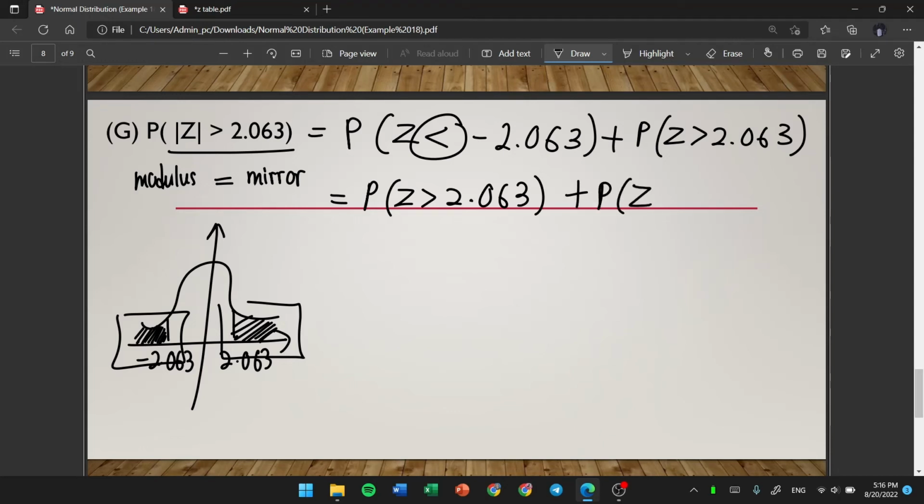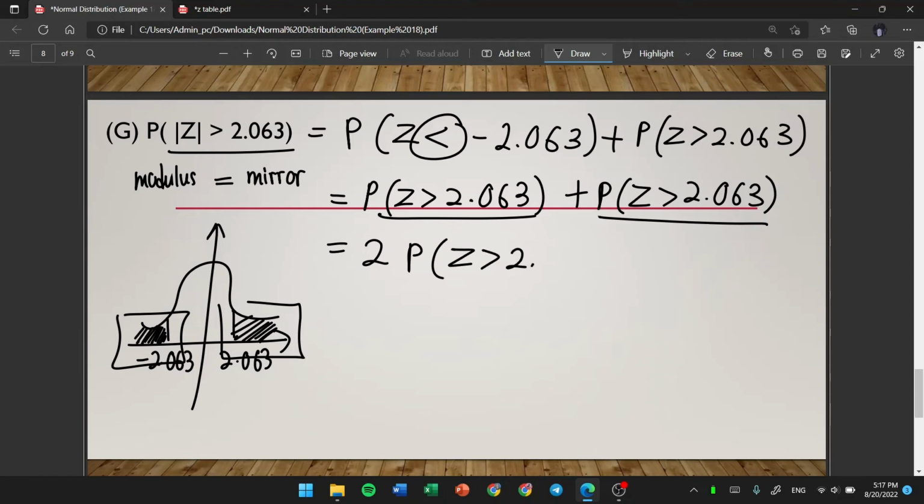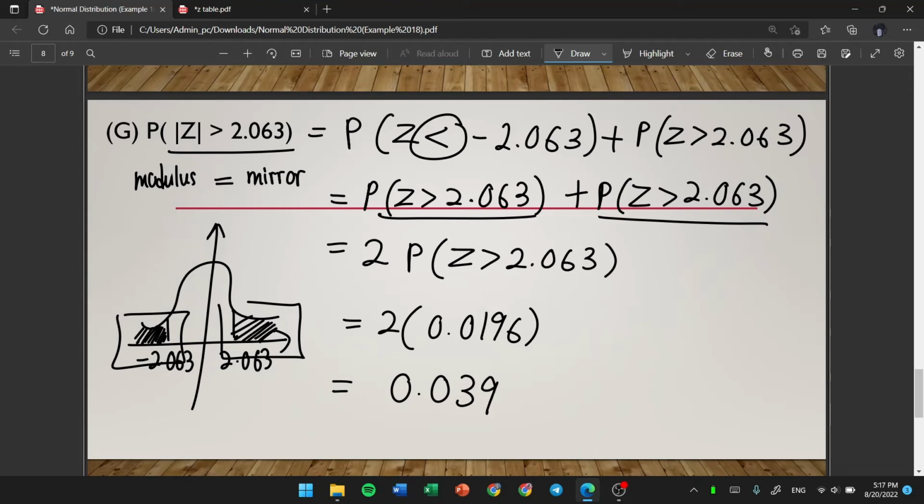P(Z greater than 2.063). Now you see, both are the same, right? So 2P(Z greater than 2.063). Then just find the value, 0.0196. Then you will get your answer, 0.0392. Find the answer.